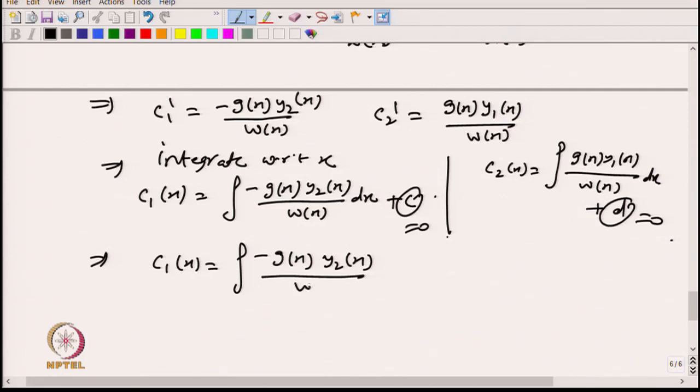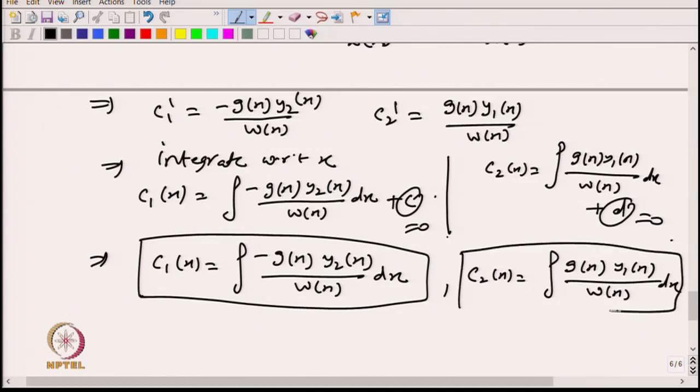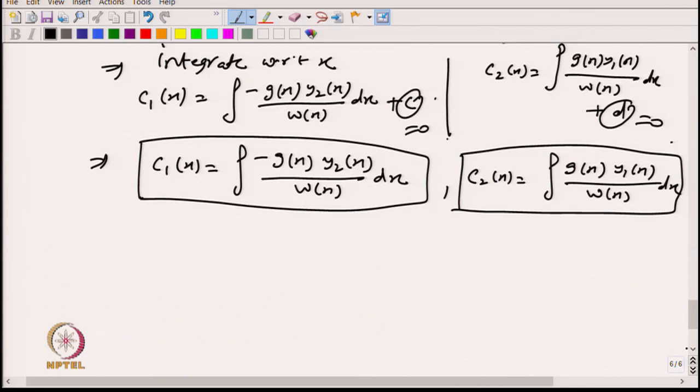And C2(x) will be the integral of G(x) y1(x) over W(x) dx. Once I know these values, after finding C1 and C2, I can find my solution, which is the particular solution.